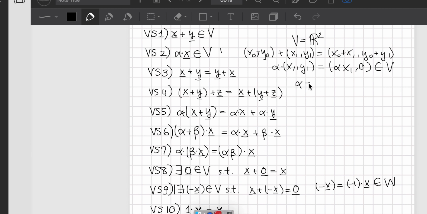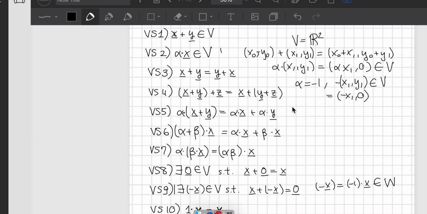So if we use alpha equal to -1, then clearly negative x, or better, negative (x1, y1), also belongs to V. But let's see if the second part is true. So if I take negative (x1, y1), this is equal to (negative x1, 0).